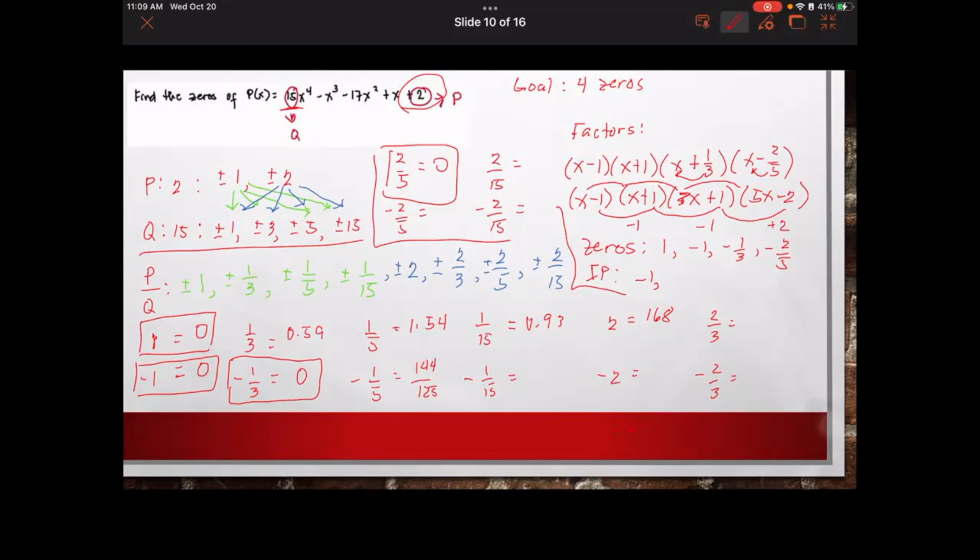Negative 0.33 or negative 0.4. Sino ang mas malapit sa 0? Yung 0.33 o yung 0.4? 0.33 po. Mas malapit.